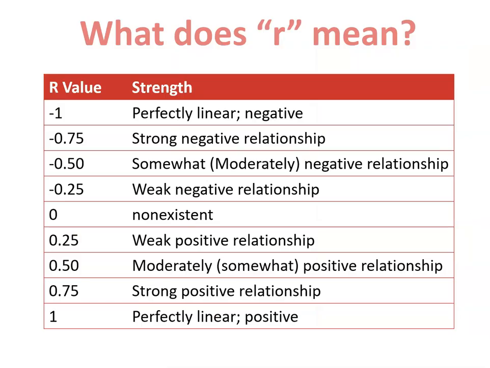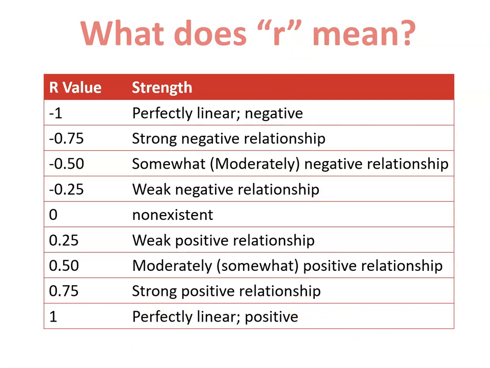This is not a really hard and fast rule, but students are always wondering, when do I say this? When do I say that? So I made this chart. This is not College Board approved as far as what you say when, but this can be a helpful thing if you're unsure of how to describe R. So if your R is -1 or +1, you know it's perfectly linear in that direction.